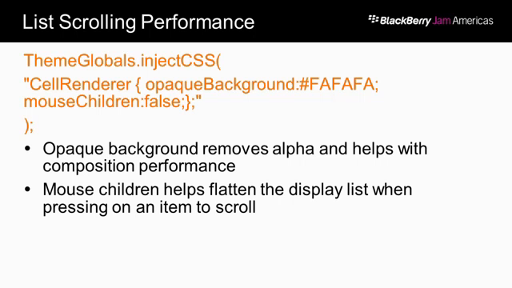So if you set mouse children equals false, it will help with performance when you make that first initial touch to select or to scroll. On that first touch down, you have to do some calculations to see, hey, are we a cell renderer? Should we start scrolling? That sort of thing. So this will really help speed up that first flick, or any subsequent flicks for that matter. So one line will drastically help, and I'll show you the difference in the code in a second here.